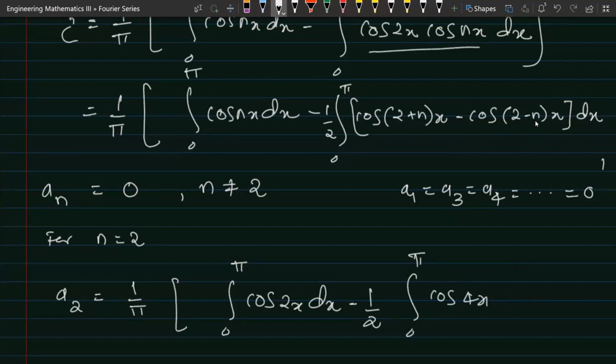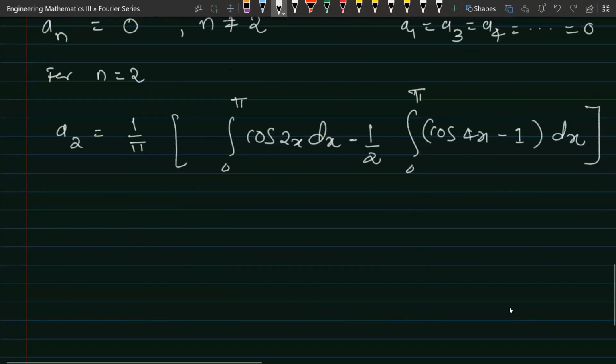If I take n equal to 2, it is 0. So 2 minus 2 is 0. Cos 0 is 1. Am I right? Yes, sir. Cos 0 is 1 into dx.